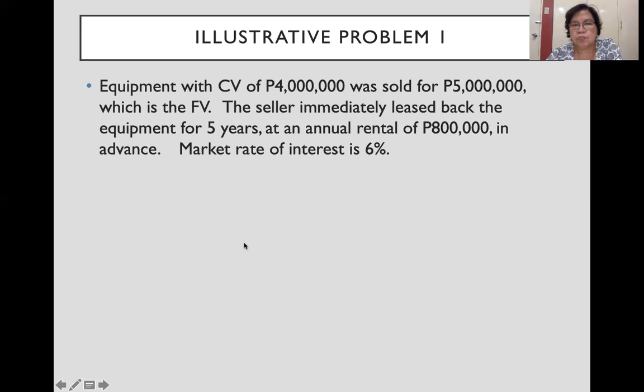Okay, so let us compute for the fair value of the right retained. The fair value of the right retained is considered to be the present value of the rental payments discounted at 6%. And because this is made in advance, that means we will be using the present value of annuity due for 5 years at 6%.